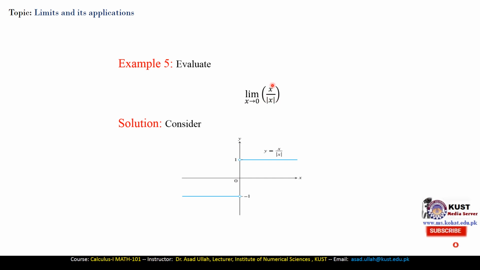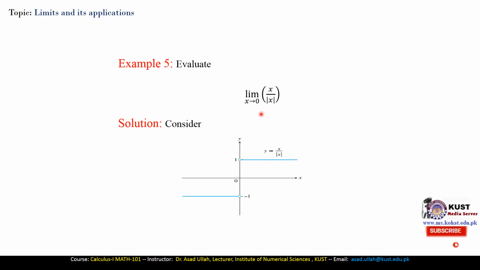So cancelling x with x, we get minus 1. So the left branch of the function is minus 1. Similarly, on the right hand side of the point 0, |x| is equal to x, and we cancel x with x, which is equal to 1. So the right branch is just a simple 1.